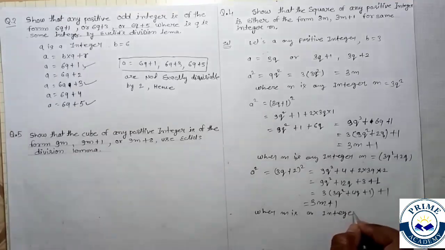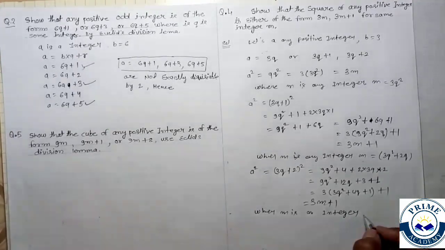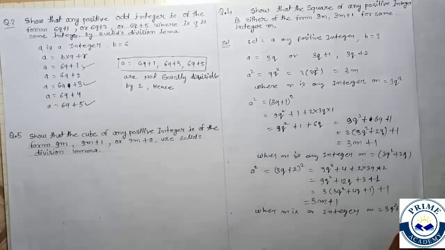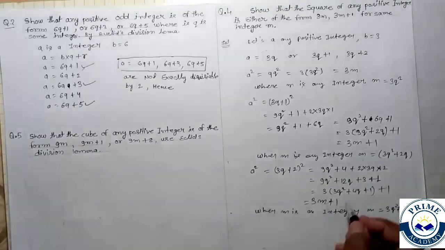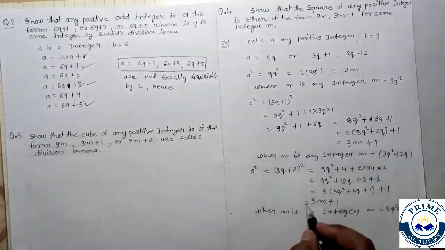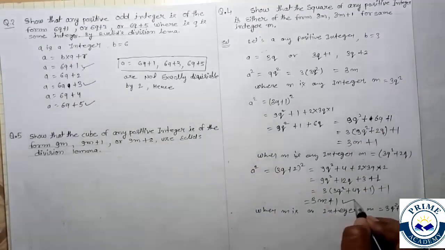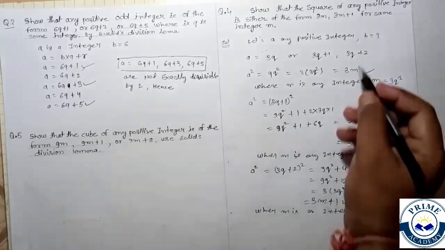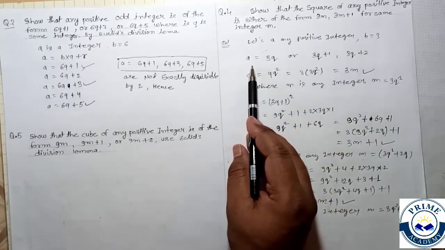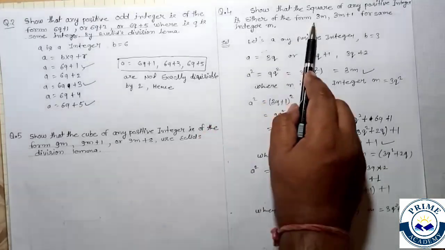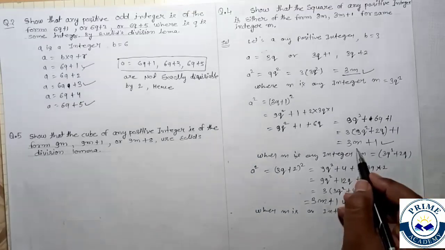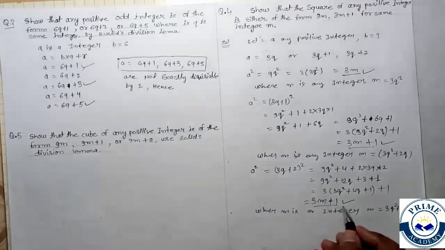M is any integer, right? So where m equals 3q square plus 4q plus 1. In this case, each time you find the square of any integer, you will get it in the form of 3m plus 1, again 3m plus 1.